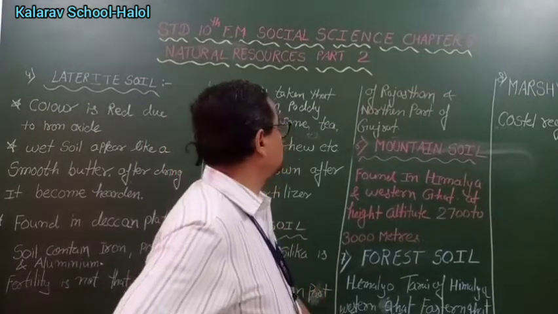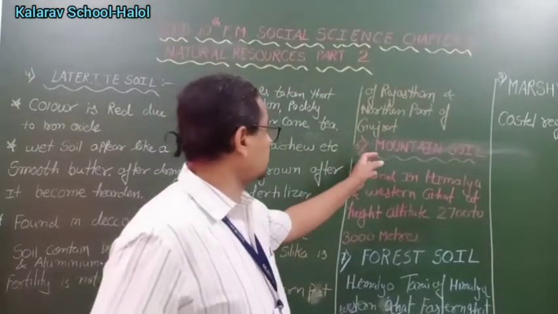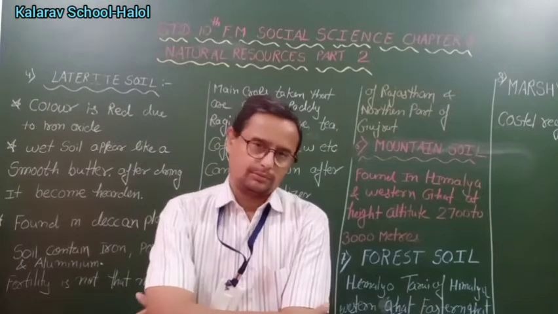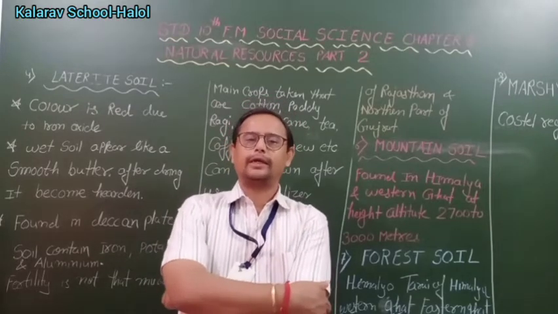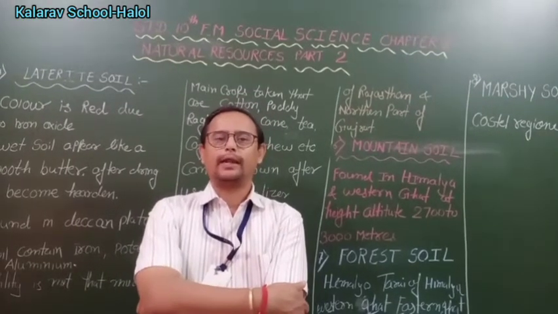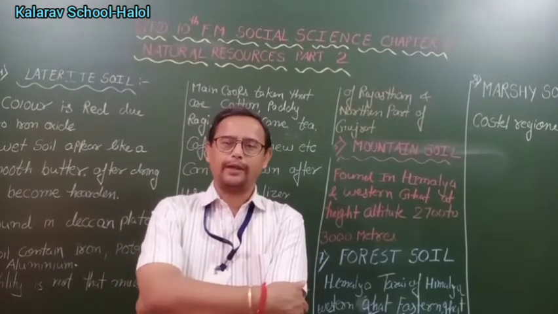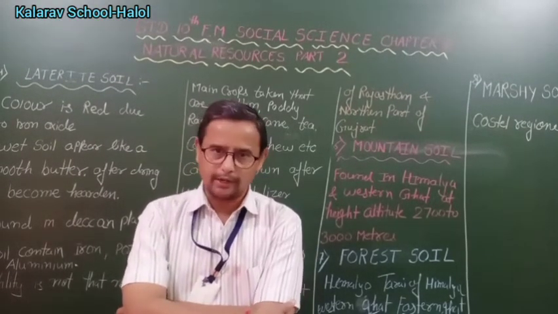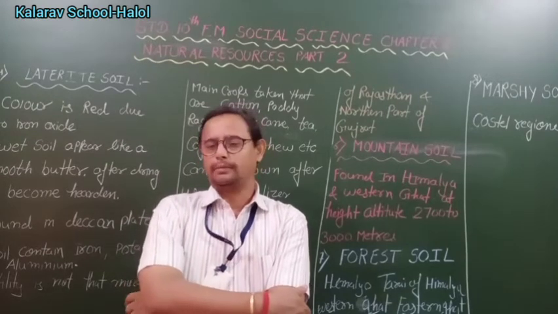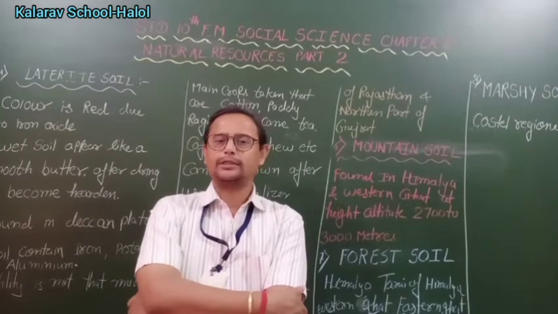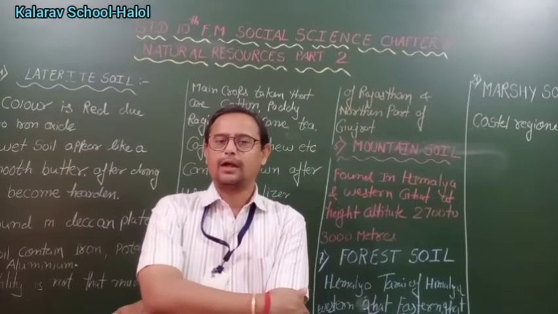Okay, so next one is mountain soil. By its name, it is clear that you will get it in the mountain parts of India. So where are the mountains in India? The mountains are the Himalaya, the Aravalli, the Sahyadri, the Western Ghats and the Eastern Ghats.